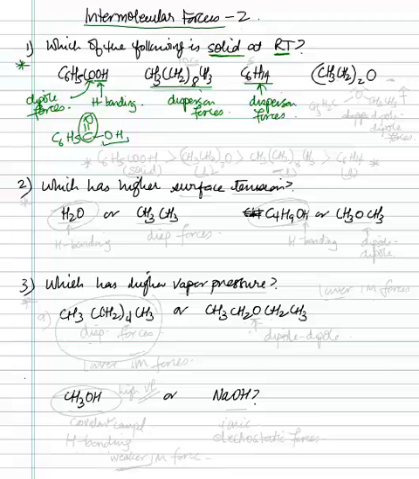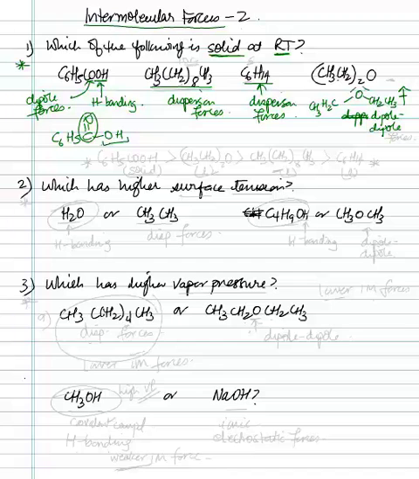The next one is CH3, CH2, 2O, and this is kind of what we just did in the previous problems. This is what this is, and yes, there is a dipole moment going on here, which means that this has dipole forces.